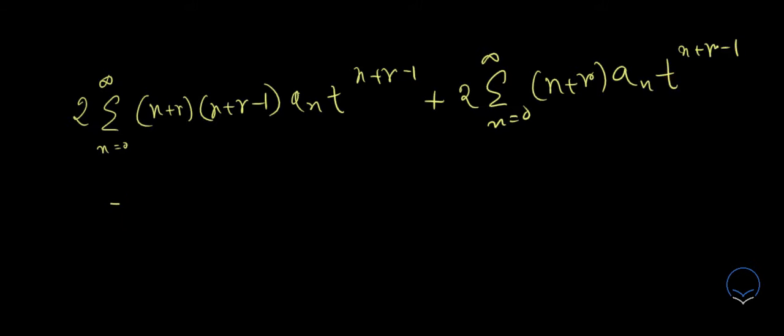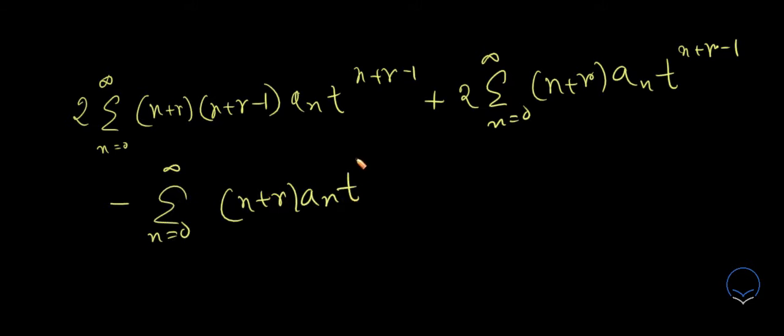Then you'll have a minus sign over here, from n equals 0 to infinity of (n plus r) a_n t to the power n plus r, and let me just write down the last term. This is just the sum from n equals 0 to infinity of a_n t to the power n.